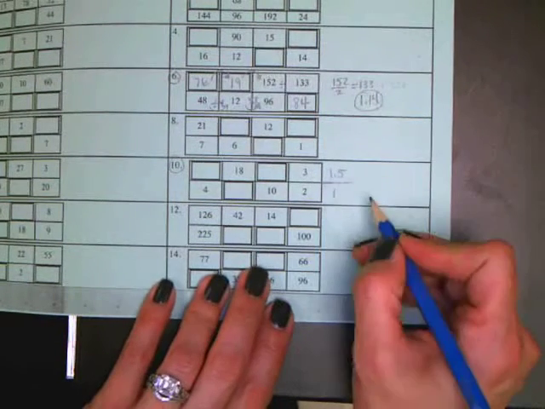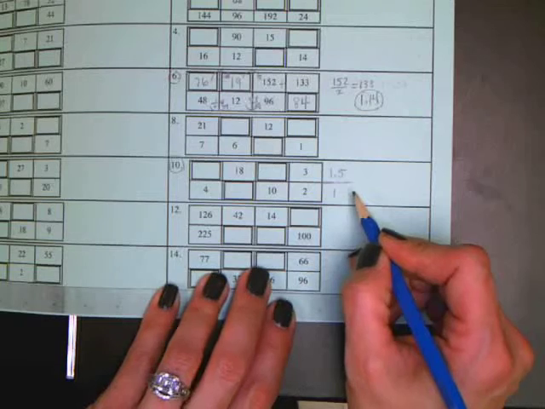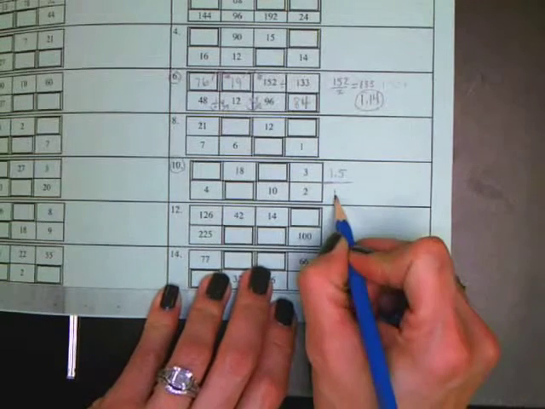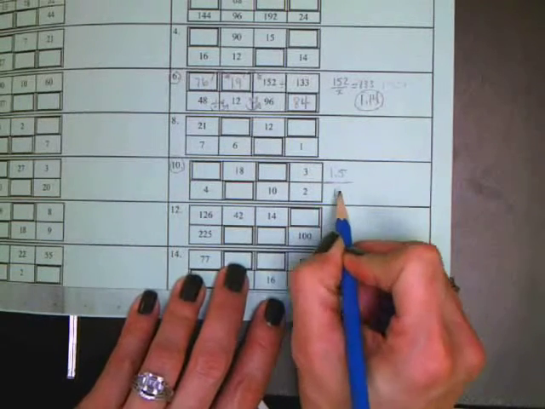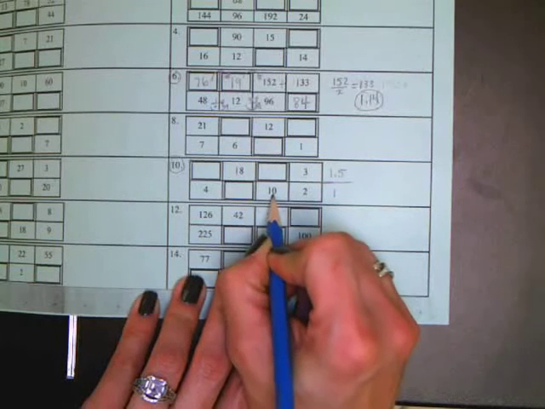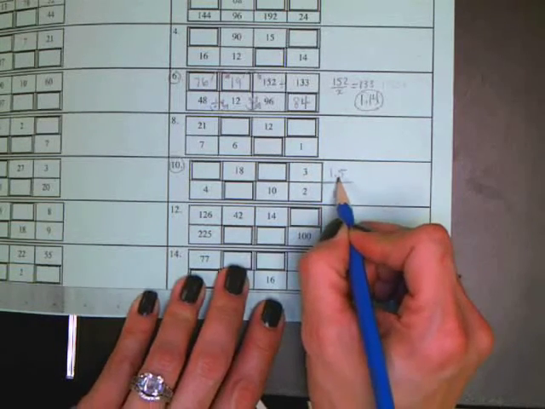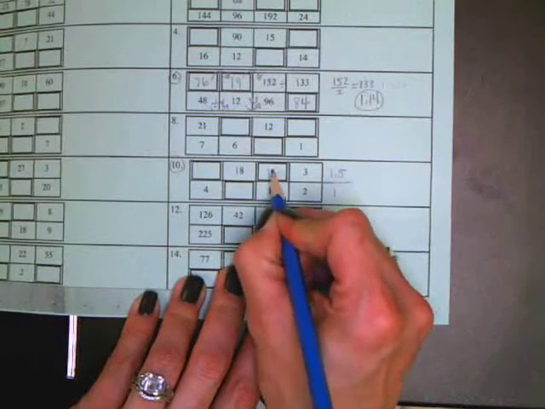So our unit rate is 1 and 5/10 over 1, which makes it easy because now we can take this unit rate. We would take our 1 times 10, that would give us 10, and then a 1 and 5/10 times 10, and that would give us 15.